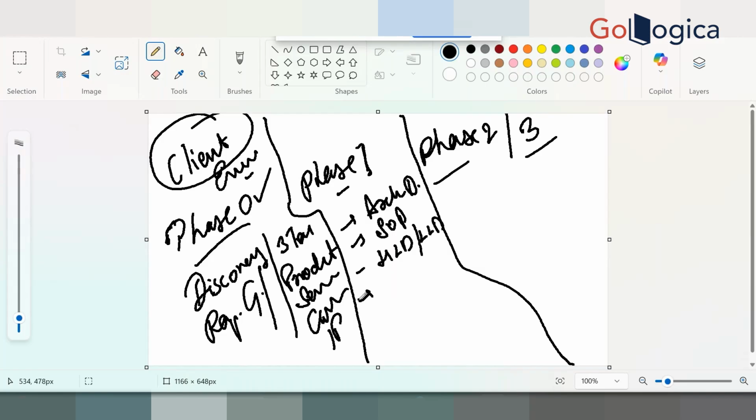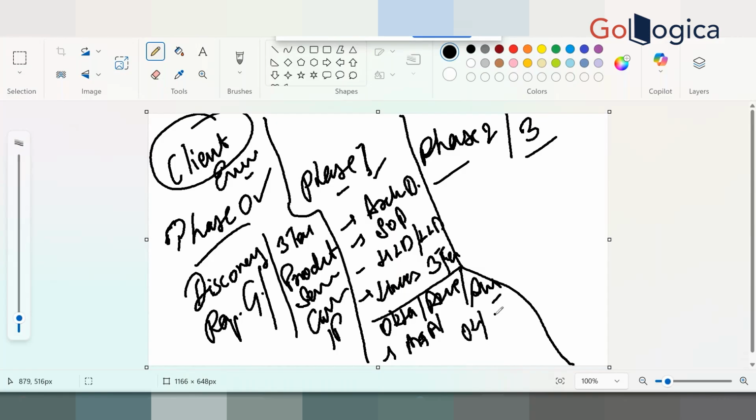We also prepare the license for all of the 3 tenants, because in phase 1 we get to know which kind of products we are going to deploy for our client, either Okta, Azure, AWS, whatever. And we get to know what authenticators we are using for our MFA, either Okta Verify, Google Authenticator, or Microsoft Authenticator.